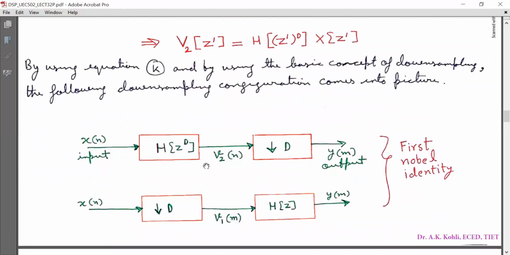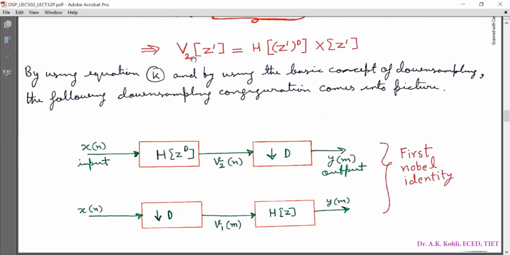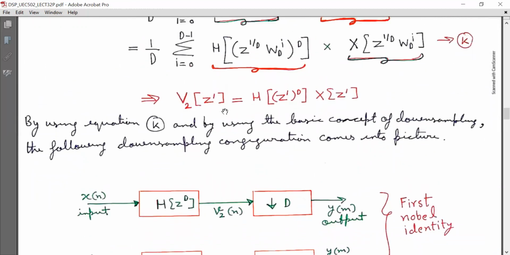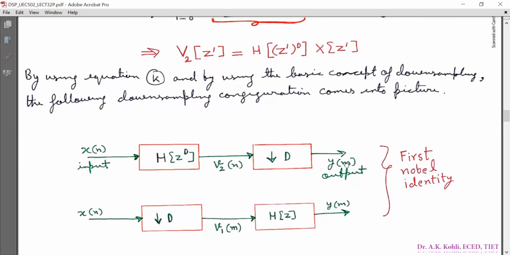Now we will compare these two block diagrams. We have done its mathematics above, and this is based on the motivation received from equation K. That is, x[n] is input. It is passed through a filter with response H(z^D), and output is v2[n], and in the z domain, V2(z) is equal to H(z^D) into X(z). And then it is downsampled by a factor of D to give output y[m].